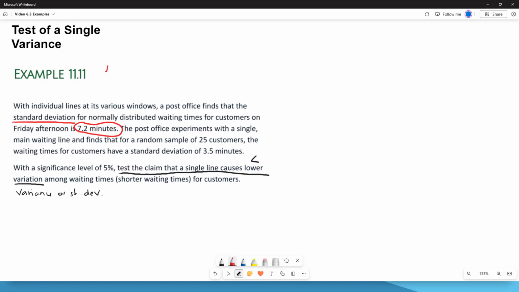So we know that sigma, they're claiming, is 7.2 minutes. Then we're going to go to the next sentence. It says the post office experiments with a single main waiting line, finds that for a random sample of 25 customers, so our sample size is 25.